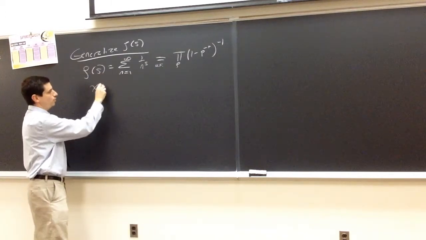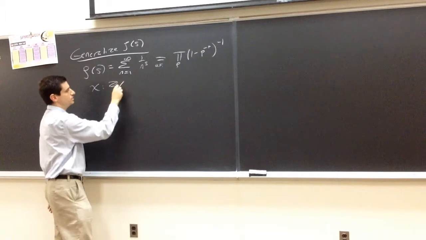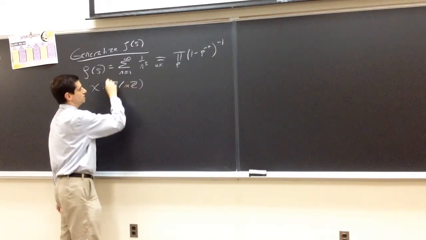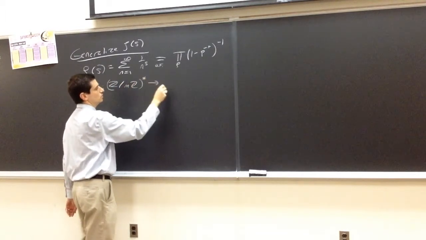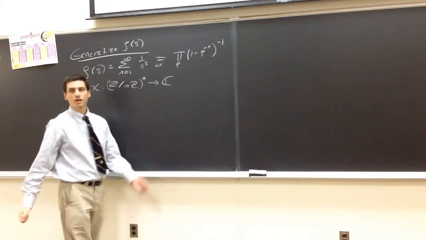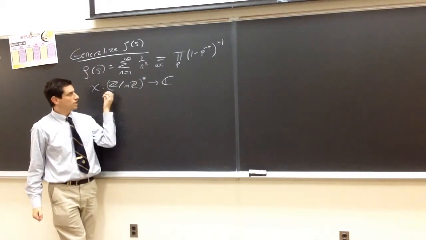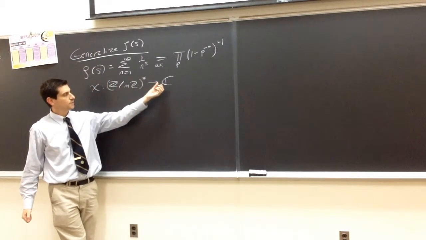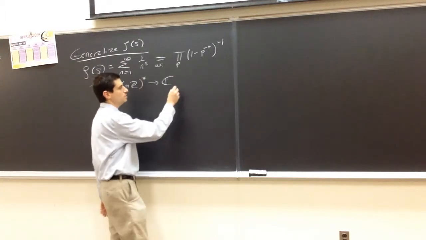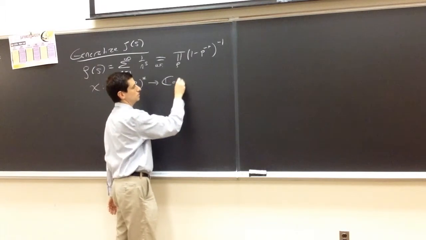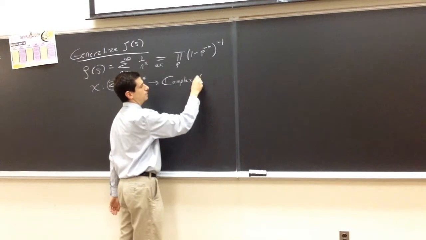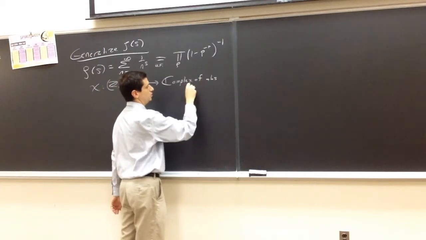We talked about how we can form characters chi from (Z mod mZ)star to the complex numbers. Well, initially we define it not just to the complex numbers, but to the complex numbers of absolute value 1.